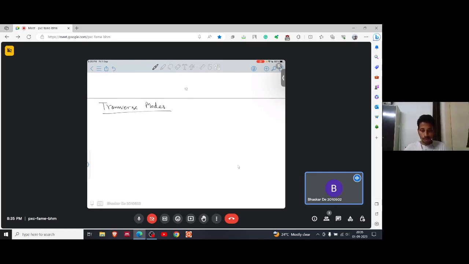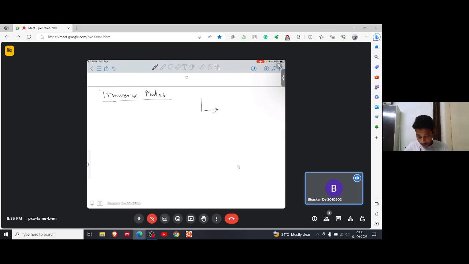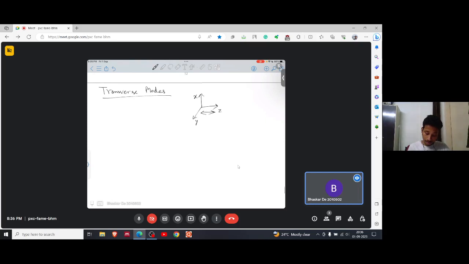There are two kinds of mode, longitudinal and transverse. If you want to understand that in case of a laser, I will just draw the axes first. The longitudinal mode will be in the z direction, but the transverse mode will span over the xy plane.